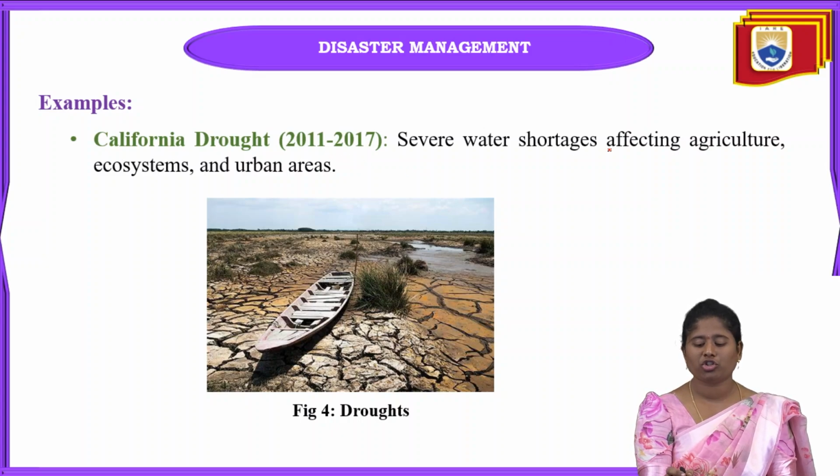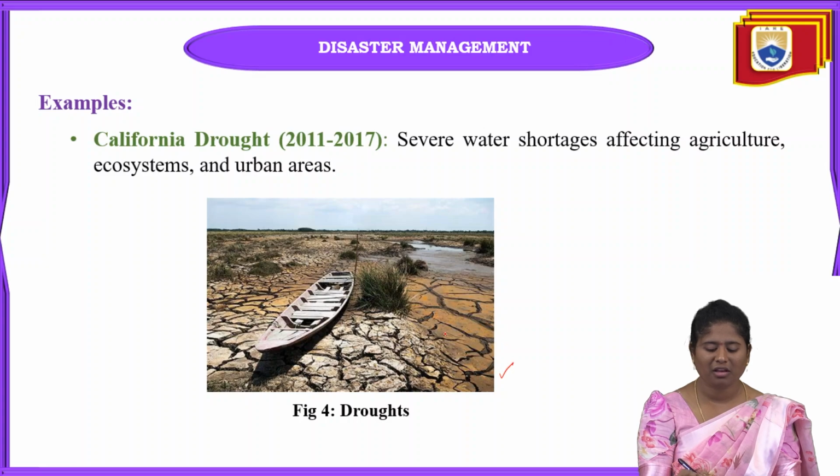The severe shortage of water affected the agricultural ecosystem and also urban areas. Why? Because urban or rural, everyone needs water. If groundwater is also not there, it will be very drastic for our daily life. This one is a picture of drought. You can see how the soil gets dry because of no water.